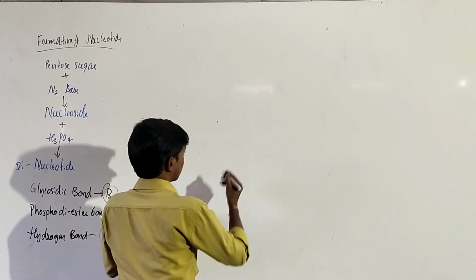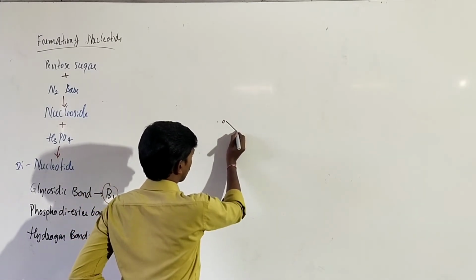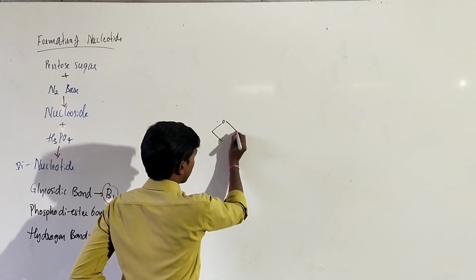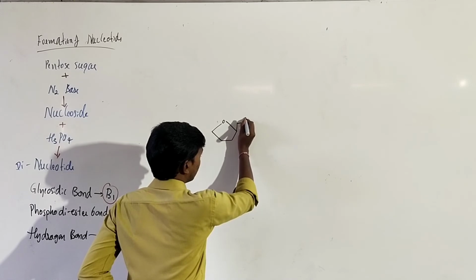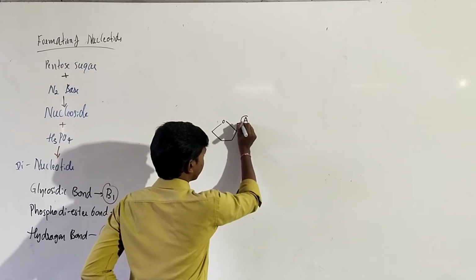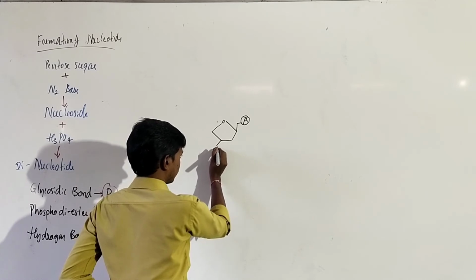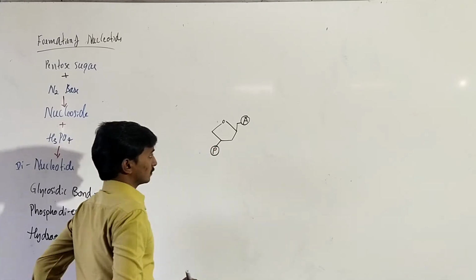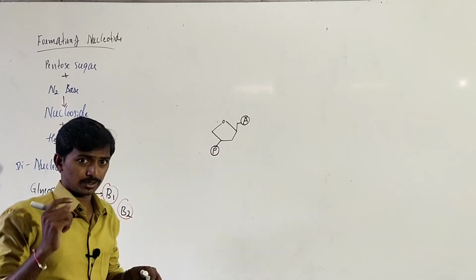So I will just write a sugar. And I will take adenine. Next I will take phosphate. Sugar, adenine, nitrogen base, phosphate, one nucleotide.